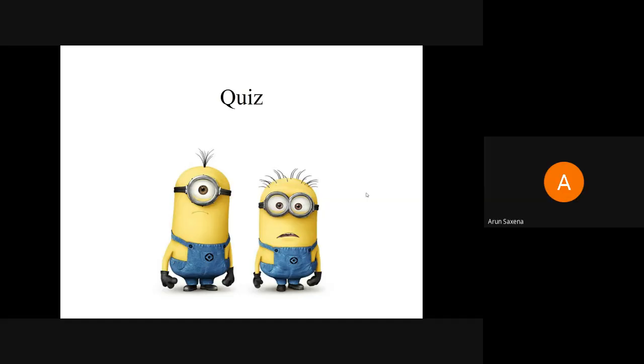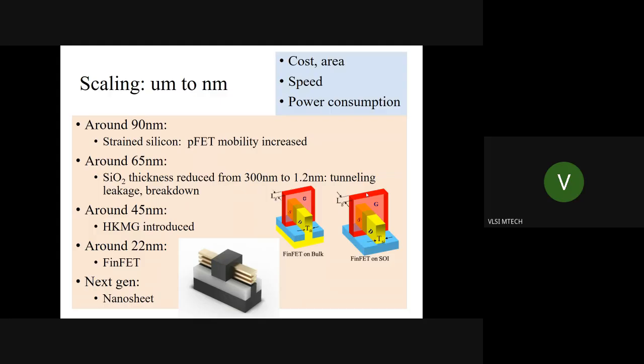Okay. Sir, can we please talk about this high-K metal gate and what are the possible disadvantages of using it? Yeah. So high-K metal gate. I guess you all know the reason why it was brought in. It was around the 45 nanometer node. Around the 65 nanometer node, we went to close to 1.2 nanometer silicon dioxide.